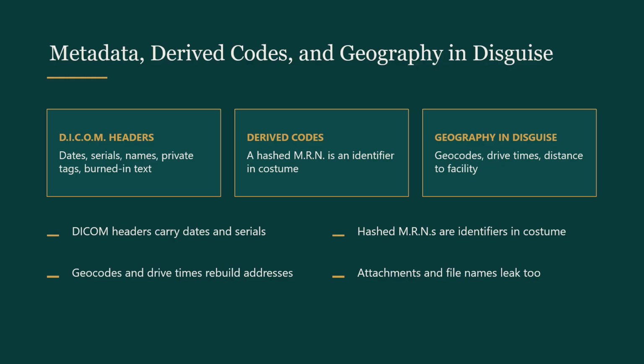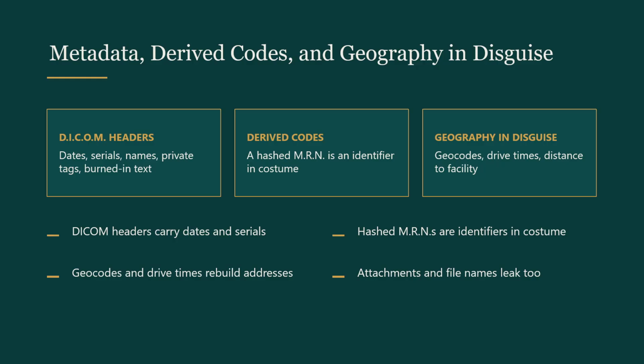3 more hiding places, and these are the ones that survive an otherwise competent de-identification. Hiding place 1, image metadata. Medical images in the DICOM format are not pictures, they are containers, and the container carries a header with hundreds of tagged elements.